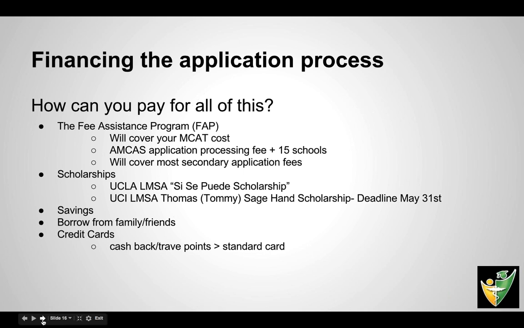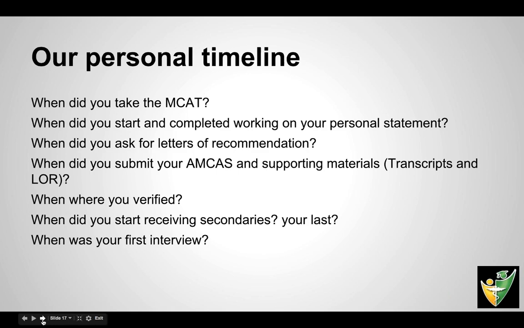Transcripts, some are free, others you have to pay for, and obviously the MCAT and whatever is involved in the MCAT if you take a course or if you don't. For secondaries, they vary in prices, but most of them are in the high 80s, 90s. And then for interviews, the clothes you're going to wear and the travel expenses that you're going to have to plan for.